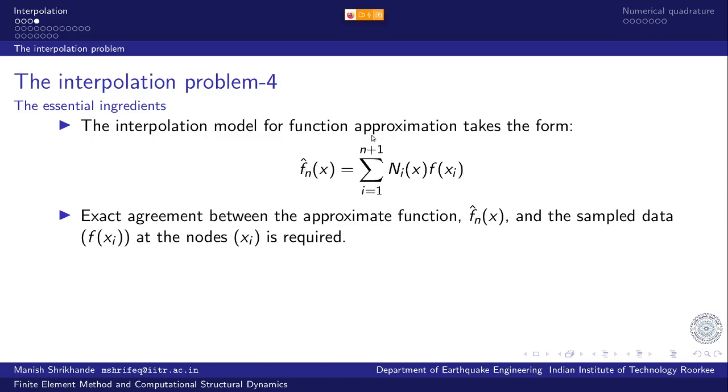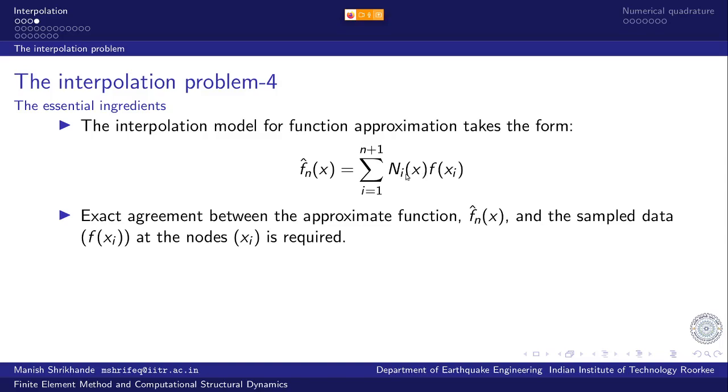One look at this expression will tell you that if I can choose these functions ni of x such that ni evaluates to unity when evaluated at xi, then there is some hope, and then ni should also vanish at other nodes of interpolation.